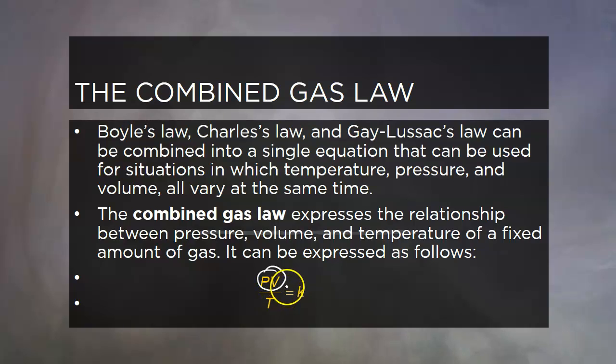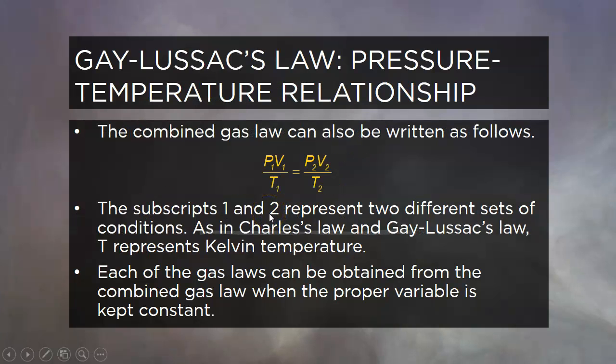We have Boyle's law, PV equals constant, P over T, and V over T, which represents the three laws that we discussed earlier. So that can be rewritten just like the other ones as P1 V1 over T1 equals P2 V2 over T2.